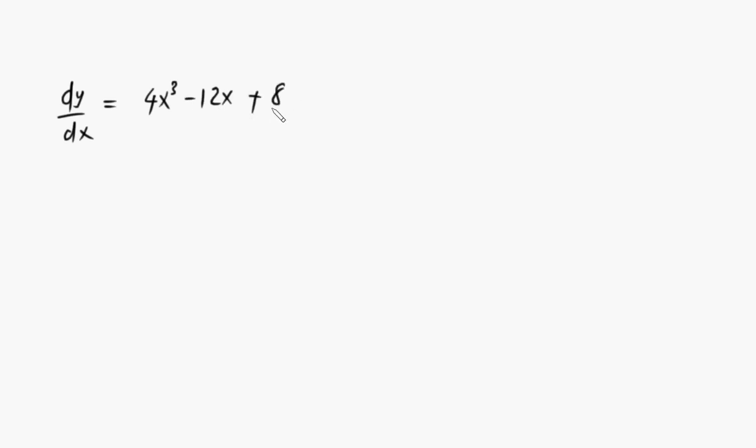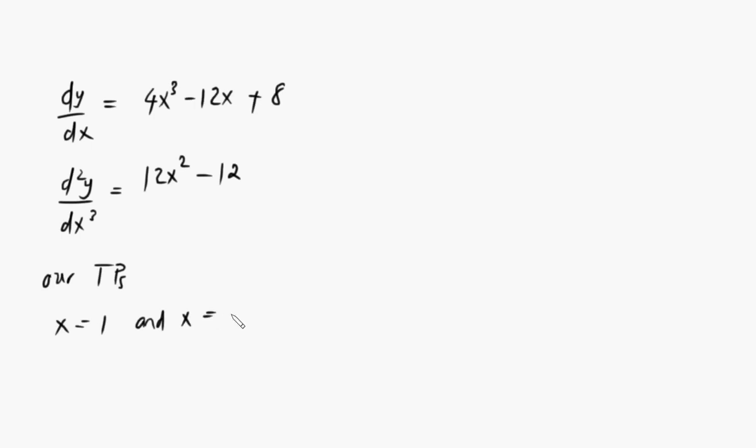So our second derivative, just do it mentally, will be 12x squared minus 12. There it is. Remember our turning points were x equals 1 and x equals negative 2.